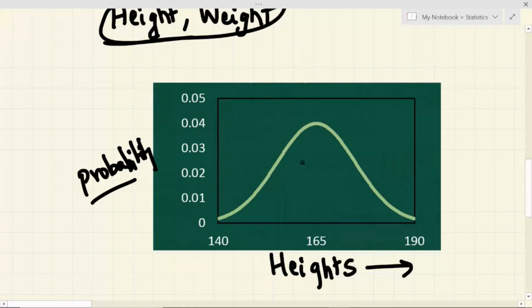This is actually known as the mean. And we know this is a normal distribution, right? So this is actually considered as the mean.